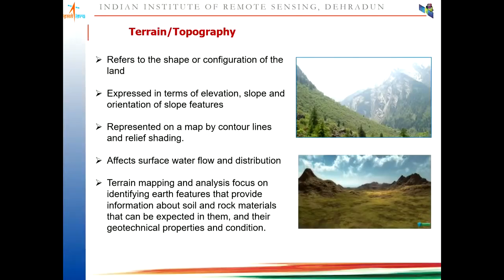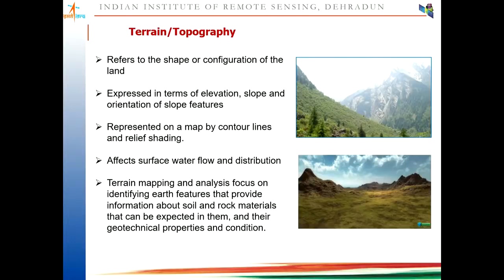Topography or terrain refers to the shape or configuration of the land surface, how your land surface appears. You can characterize it in terms of elevation, slope, and orientation of the slope features.